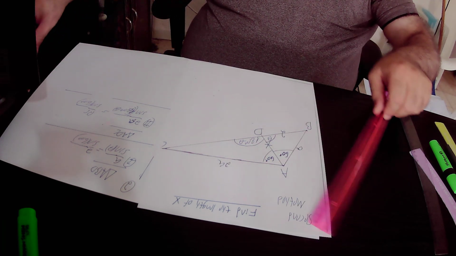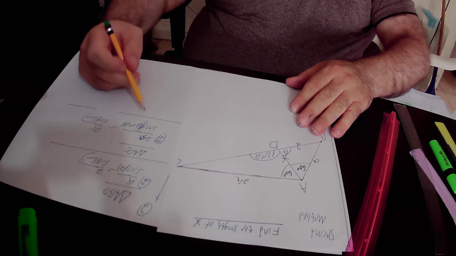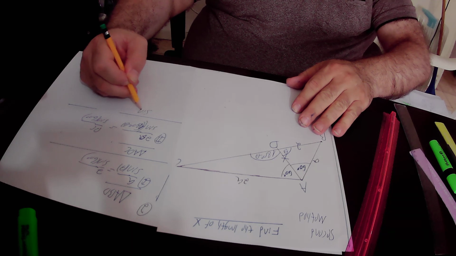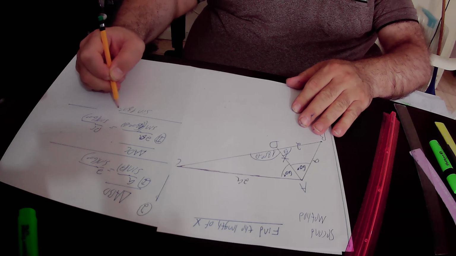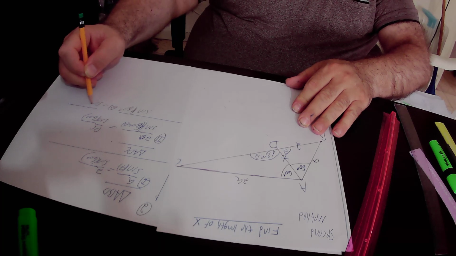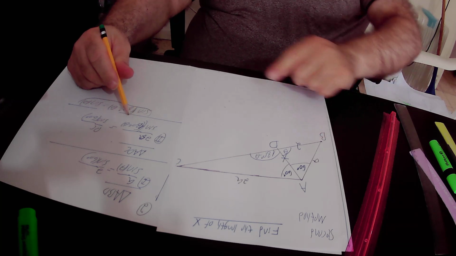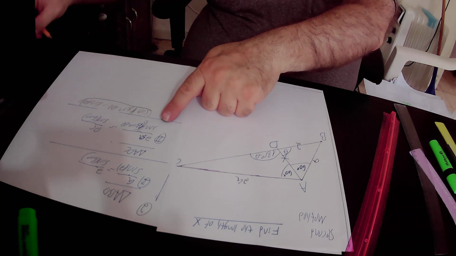We have the trigonometric identity that sine of 180 degrees minus theta equals sine theta. Therefore, we can substitute sine of 180 degrees minus theta in this equation, equation number 2, by sine theta.